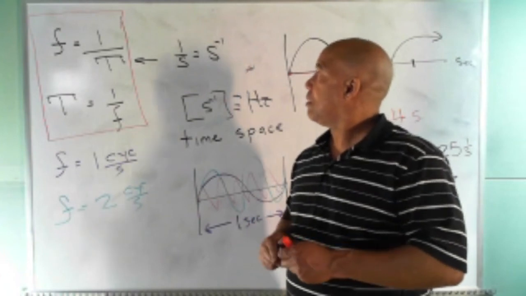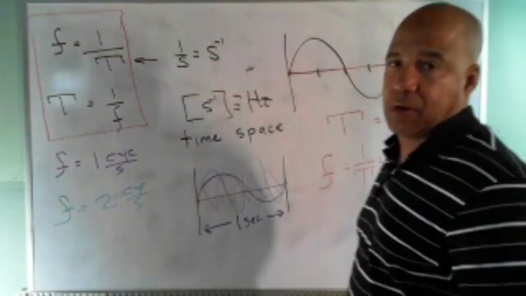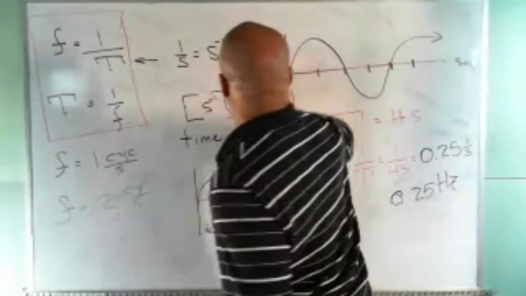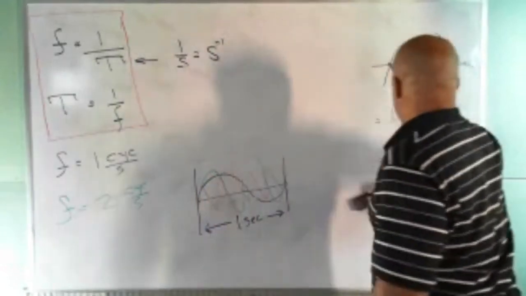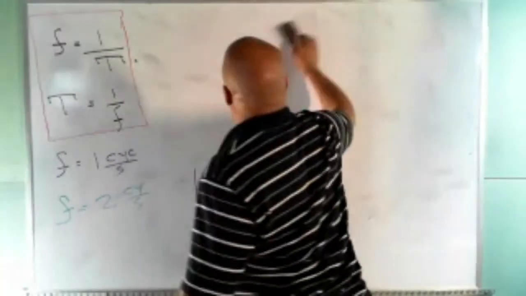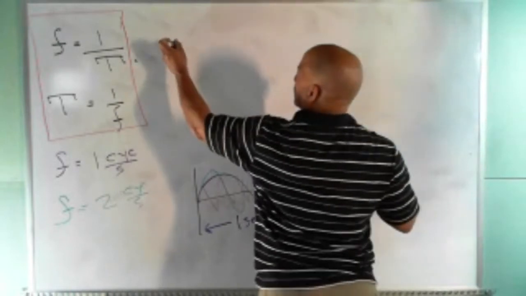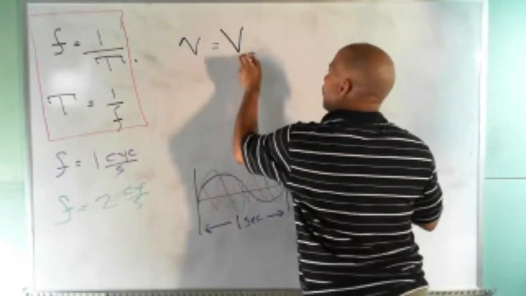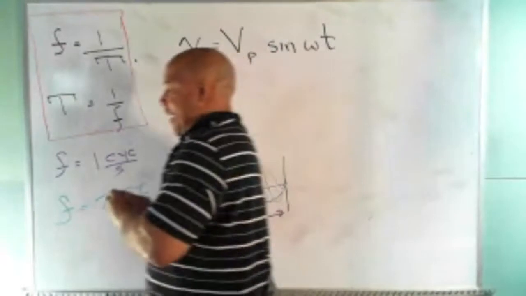Okay, well, let me show you one other thing. Let's go back to my mathematical model of an AC waveform, my formula. What we said was that I can represent an AC waveform like this. And I can get information from this.